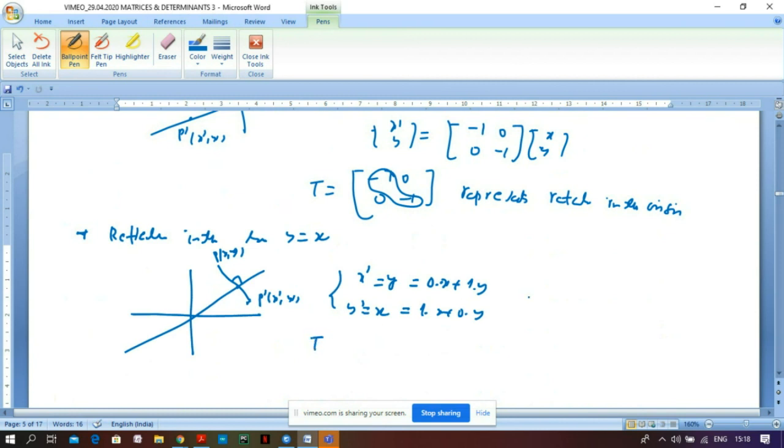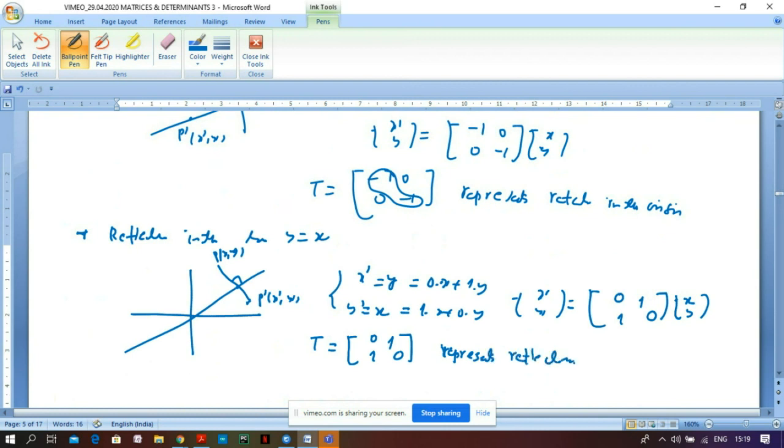And so x prime, y prime equals the matrix with 0, 0 on the diagonal and 1, 1 off the diagonal, times x comma y. So the matrix T equals 0, 1, 1, 0. This matrix represents reflection in the line y equal to x.